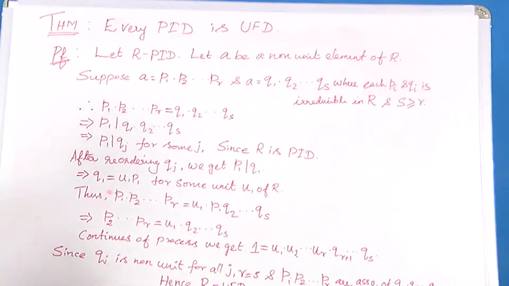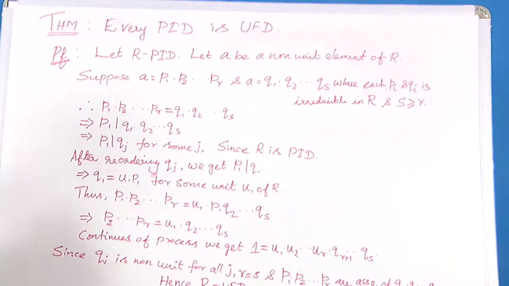Thus, if you write this, it becomes P1, P2 so on up to PR equals Q1 Q2 so on up to Qs. Q1 is now divisible by P1, so instead of Q1, I substitute U1 P1 from here and it becomes U1 P1 Q2 so on up to Qs. Let us look at P2 now.